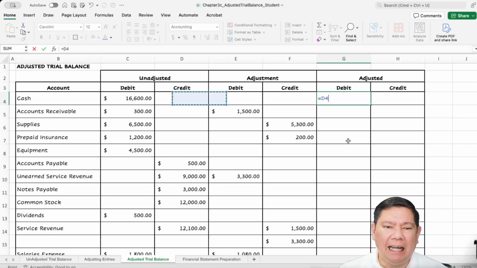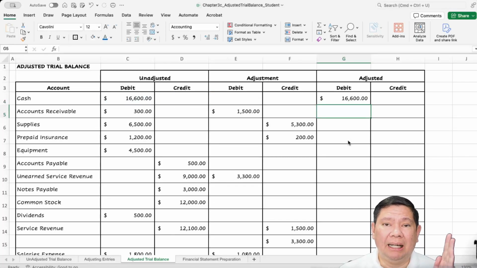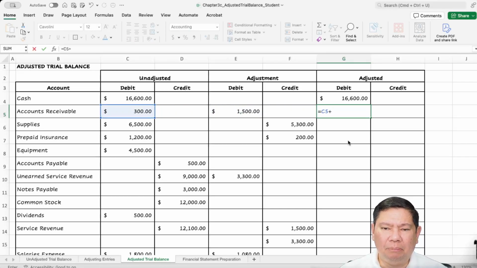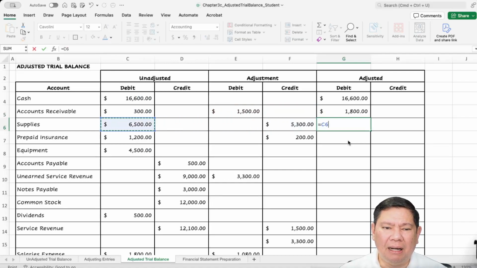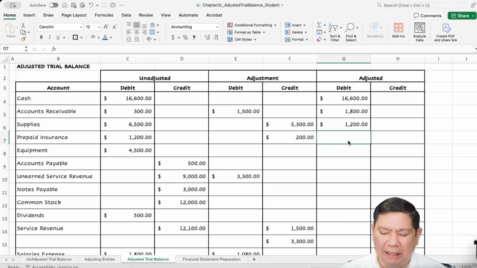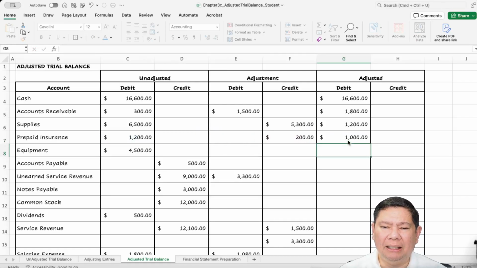No adjustment for cash. Remember, adjusting entries never involve cash. Accounts receivable is now 300 plus 1,500. Supplies is now 6,500 minus 5,300. Prepaid insurance is now 1,200 minus 200.